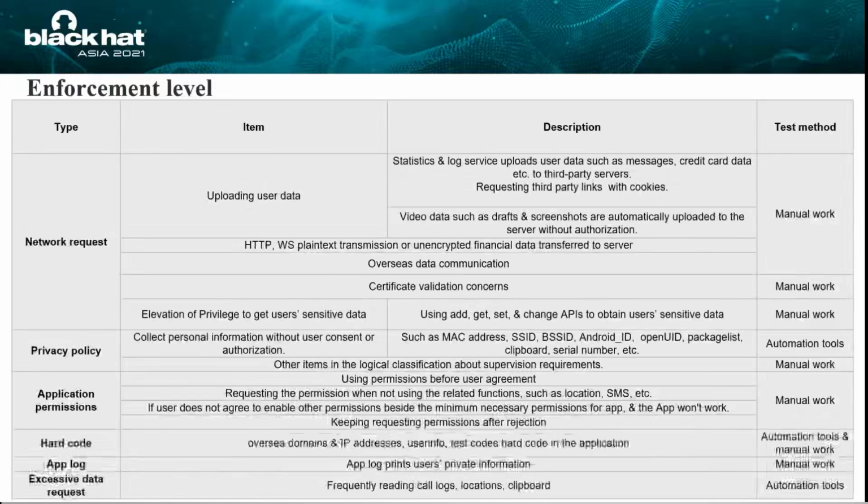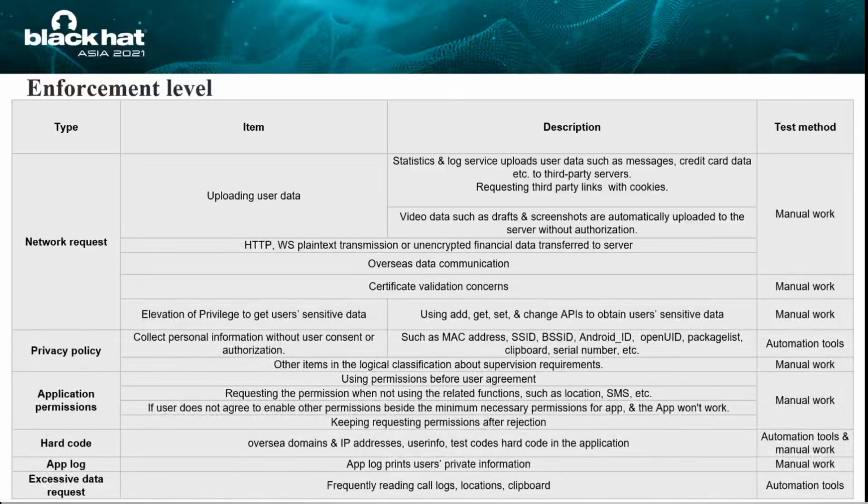So we further break them down and make them enforceable at the enforcement level. So I identify exit points where we can check those violations of user private data collection.